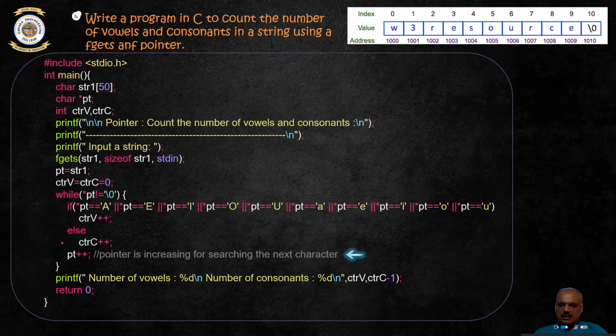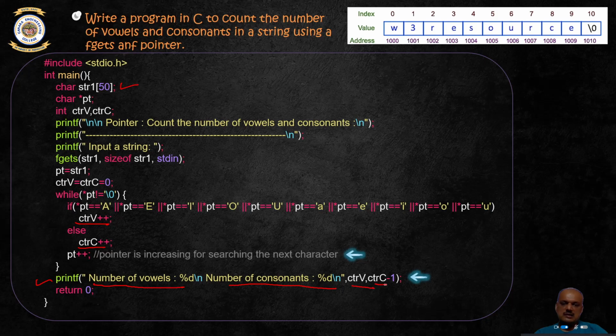Once you come out of the loop, counter V and counter C hold the number of vowels and consonants present in that given string, or character array. Then I print out the number of consonants and vowels present in that character array, and come out of it.